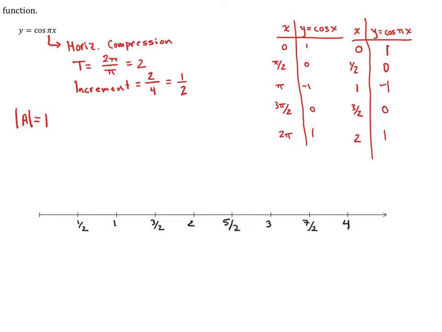That's where x is 0. And then our line of oscillation was not moved. We did not have a vertical shift, so it is still y equals 0, which is the x-axis. And the most we deviate from that is 1 unit. So we'll go away from our x-axis 1 unit.